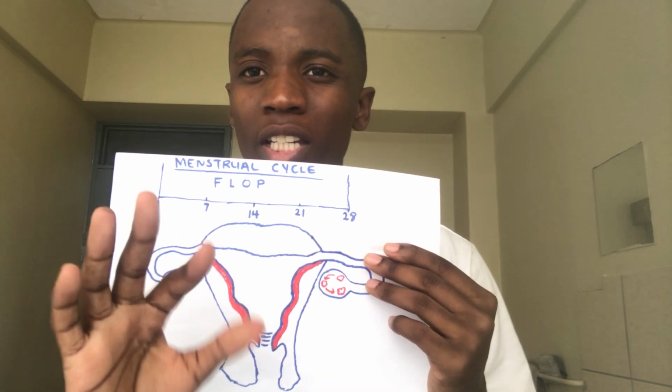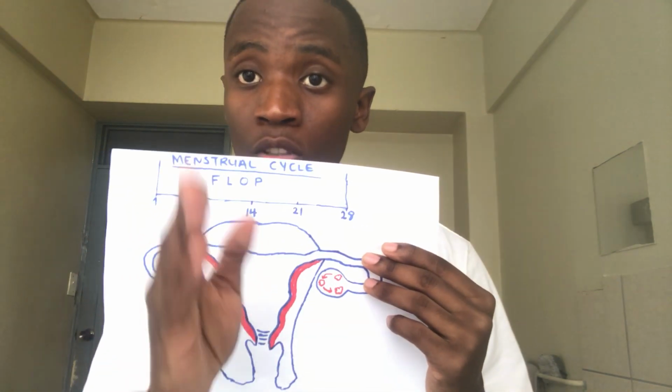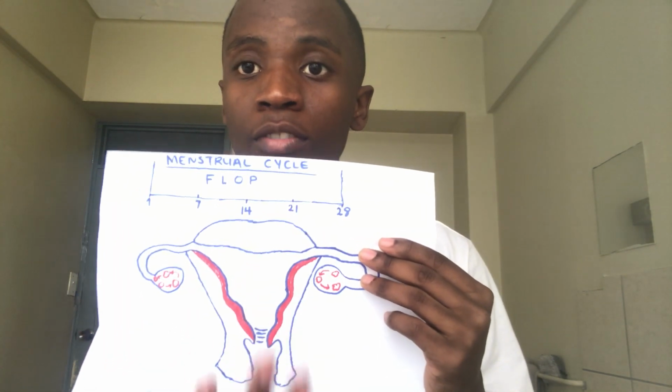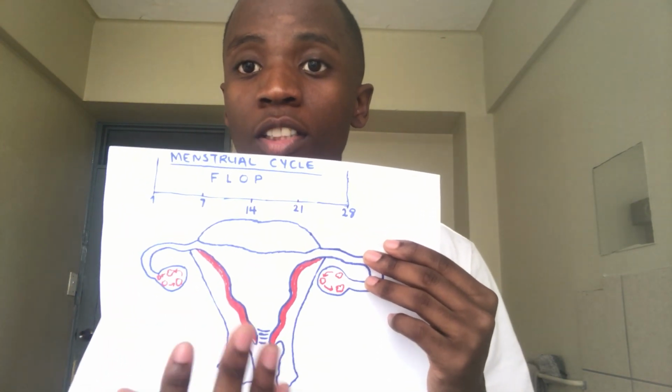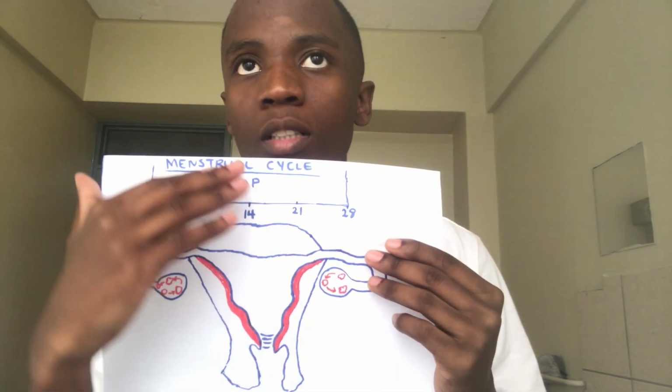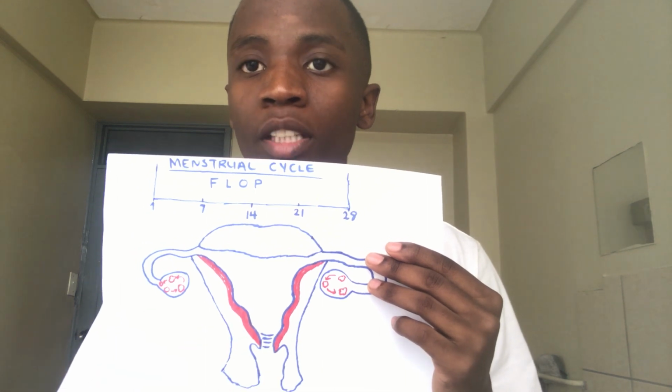We're focusing on females because the menstrual cycle occurs in females. So they originate from different areas in a female body.